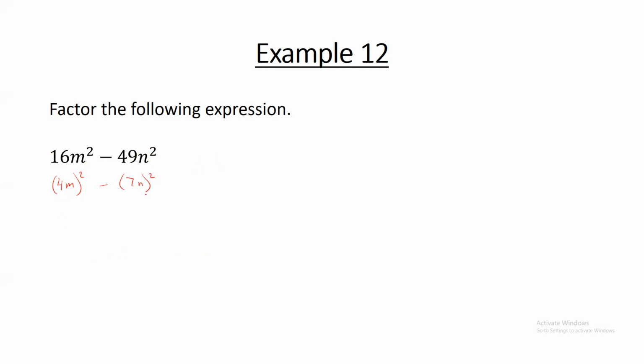Those are the a and b of our expression. And so our answer is (4m + 7n)(4m - 7n). We're just using the difference of squares formula.